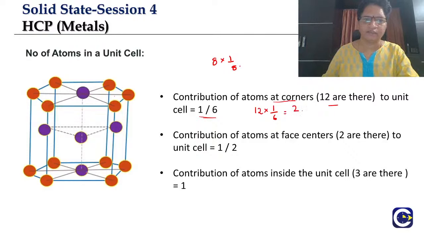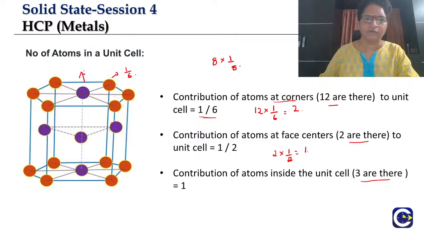And face centers, there were 2, and the contribution is 2 into half, which will be equal to 1. And all the 3 will have the contributions as such, so 3 are there as such. So what is the contribution of this? It is 1 by 6.